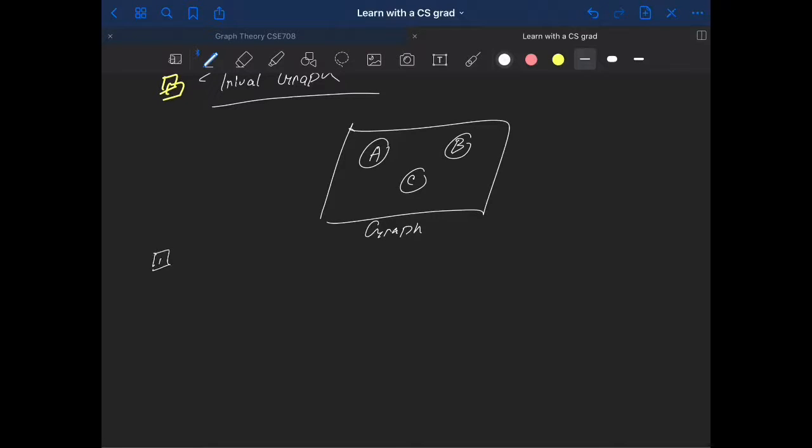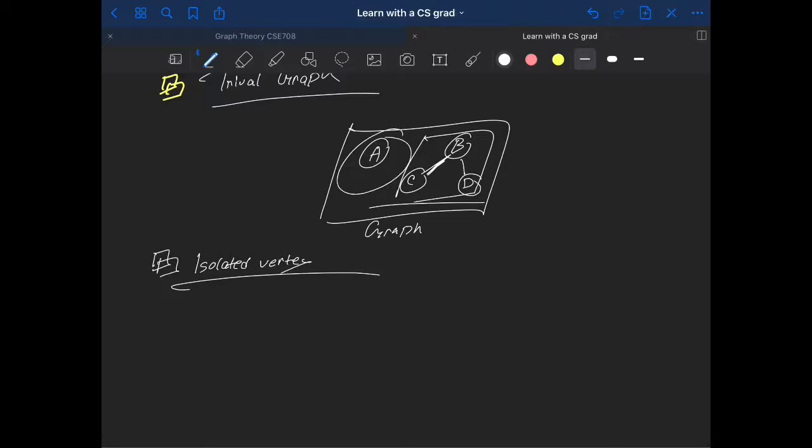And finally we have the isolated vertex. It's a vertex that doesn't have any edges. Let's say we have a connection here. In this case we have two components in the graph. One is this one, another one is this one. A is not connected to anyone, so this would be an isolated vertex.